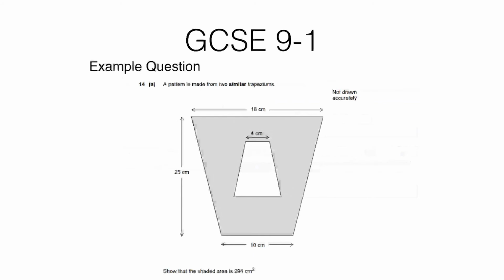So here is an example question from a recent paper. In previous years we may have seen a question where it is just about similar shapes, or maybe just about the area of a trapezium, whereas this question is a show that the shaded area is 294 centimetres squared, where they're going to have to really clearly present how they know that is the answer.